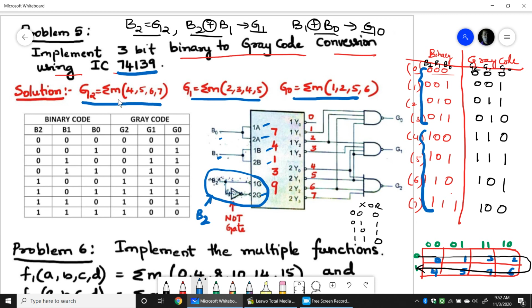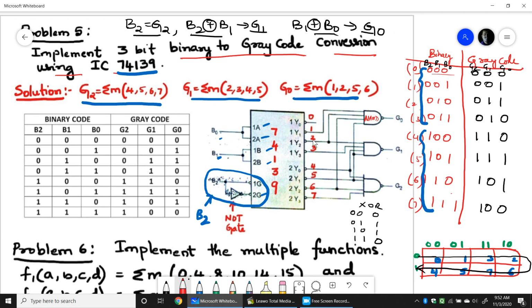Now to get 1 as an output from active low outputs, we normally use a NAND gate as an extension. So take 4, 5, 6, 7 and give them to G2. This is one NAND gate.